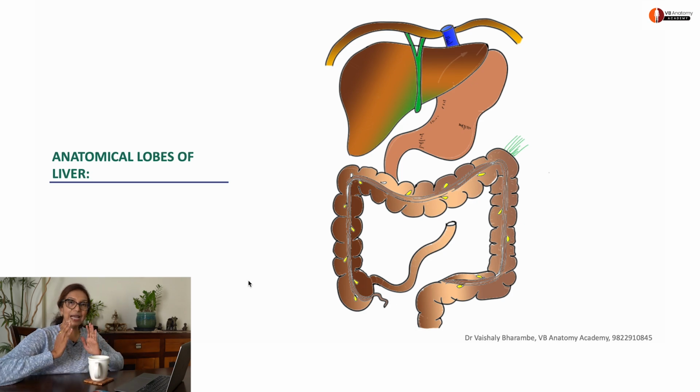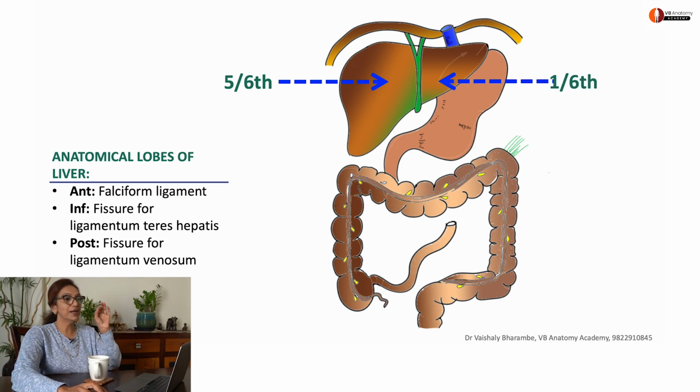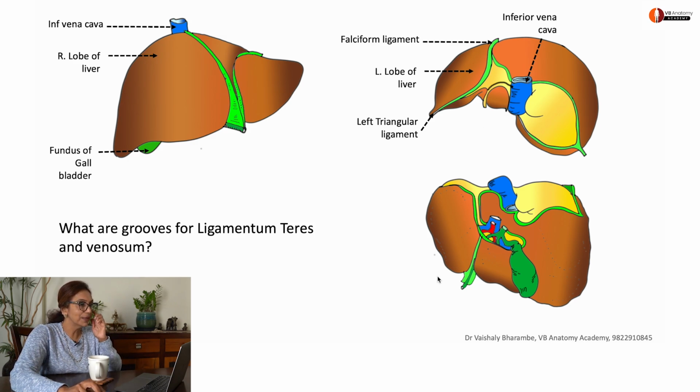So now let's attach the falciform ligament to the liver anteriorly, ligamentum teres hepatis and ligamentum venosum posteriorly to divide the liver into right 5/6 and left 1/6. This is called anatomical divisions of liver or anatomical lobes of liver. In this way, you can see this division, you can see the falciform ligament, the ligamentum venosum and the ligamentum teres here.